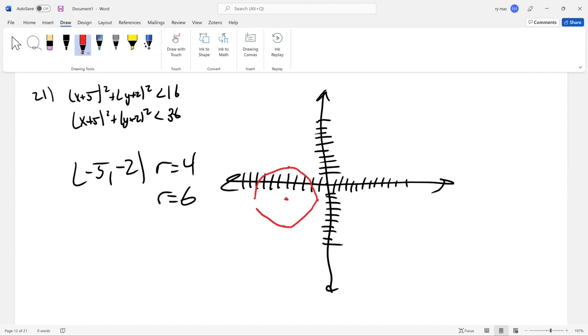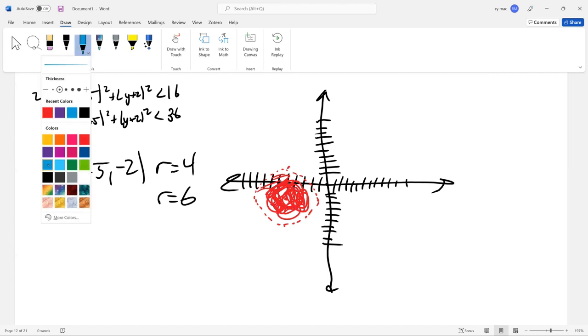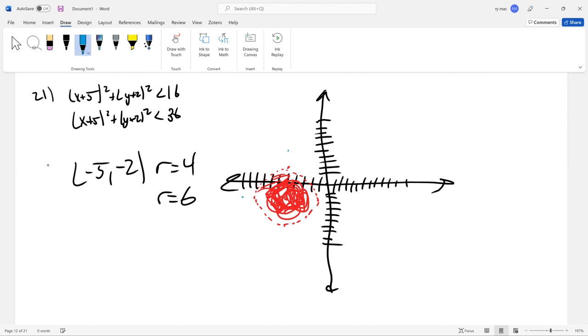Since it's less than, let me go back actually. Let me erase this. It is dotted, since they are both less thans. And it's less than, so you shade the inside and just fill in the circle. Then the one around it is just a size of 2 radius bigger.